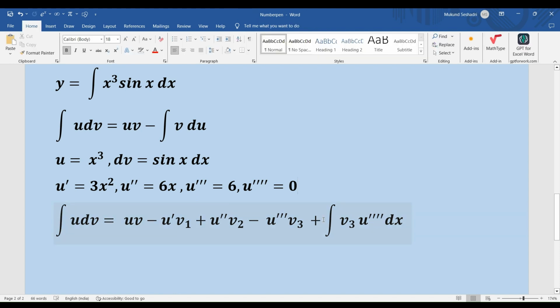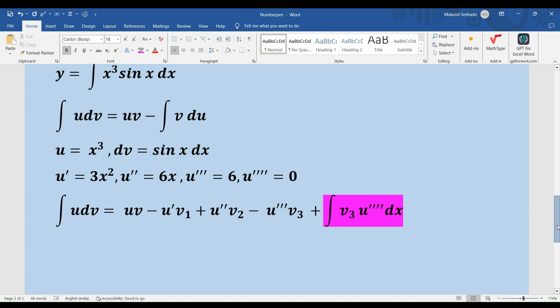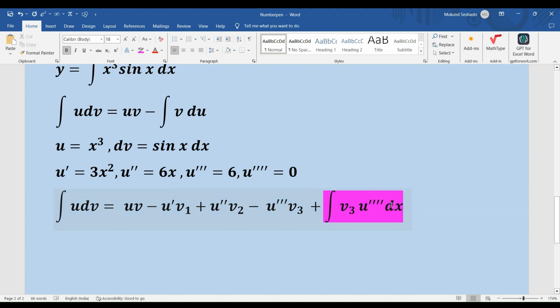So, which is where, this particular expression, let me highlight this in pink, right? This particular expression is 0, and I don't think we will have to expand my integral of u dv any further beyond the third derivative of u and the third successive integral of v.